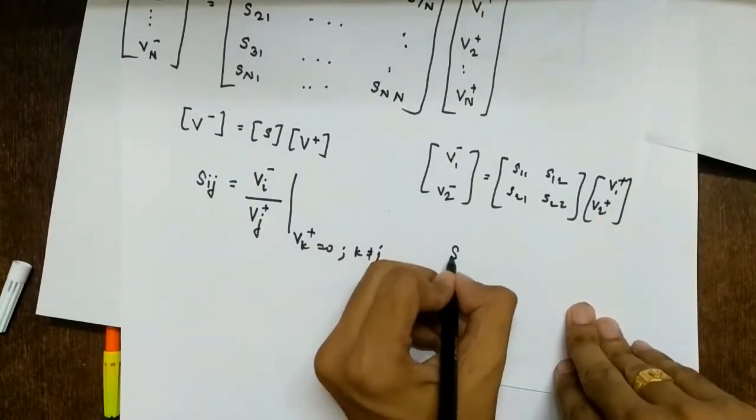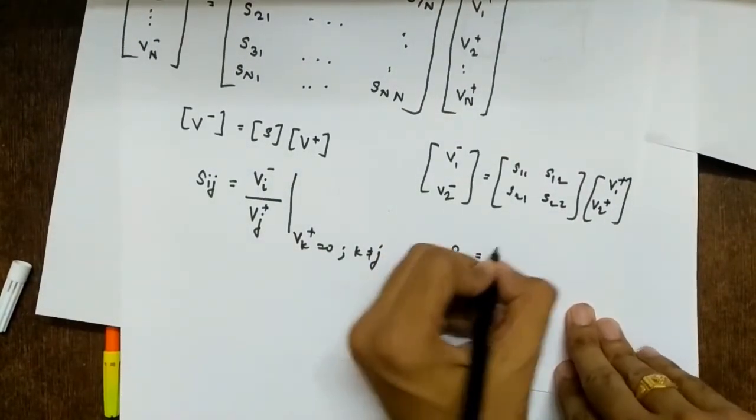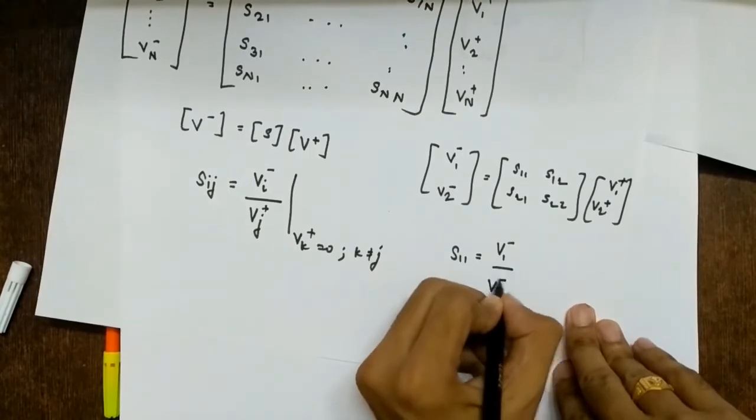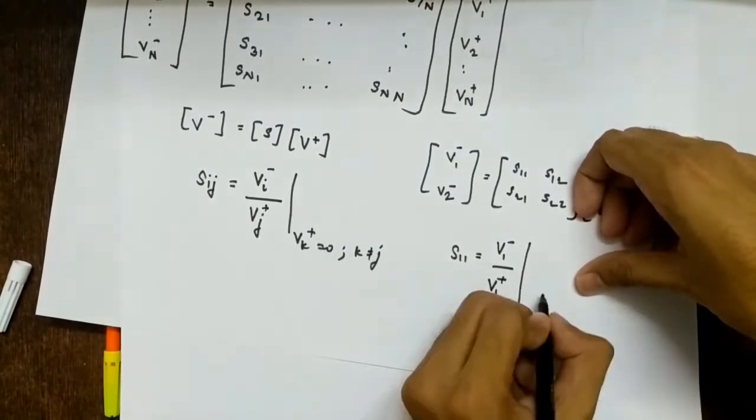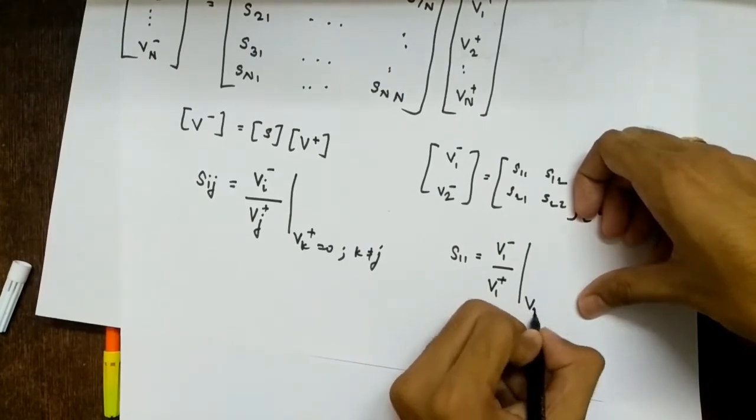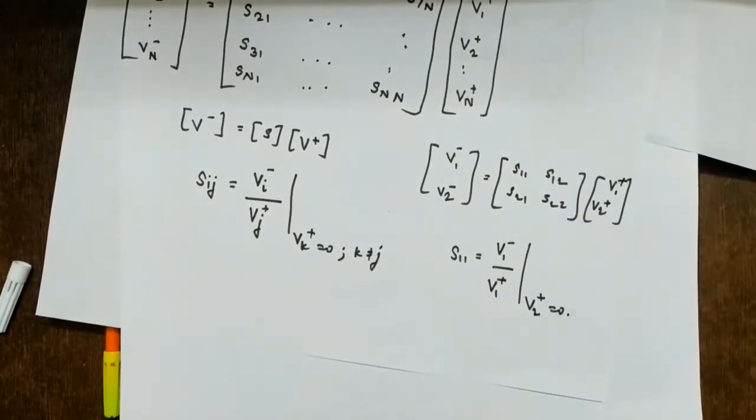So what will S11 be? Here i and j are equal, so V1 minus upon V1 plus, at k not equal to j. So what is remaining? 2. So V2 plus equals 0.